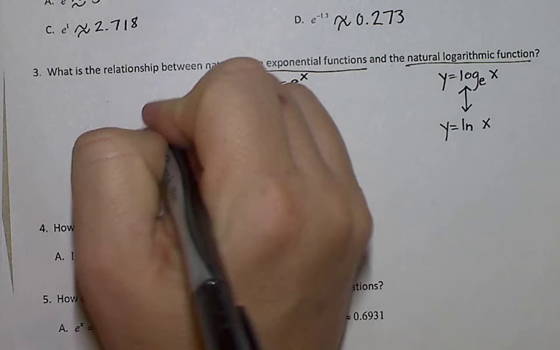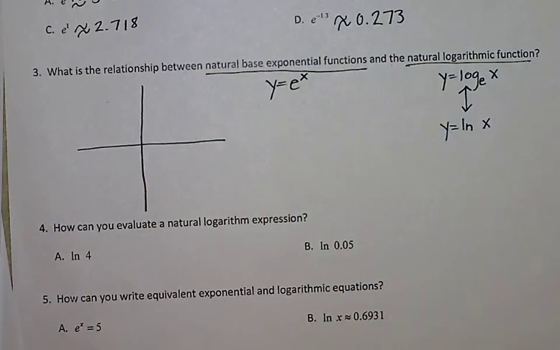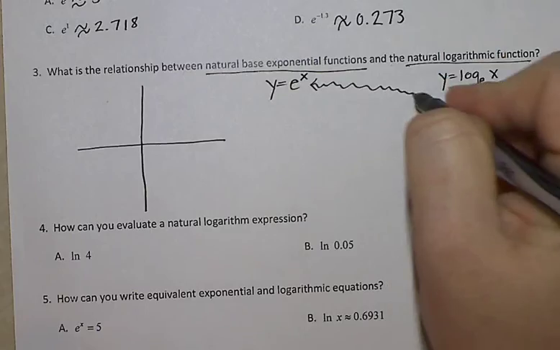Make yourself a graph. And what we're going to see is, if I asked you for inverse operations, the opposite or the inverse operation of adding is subtracting, and the inverse operation of multiplying is, okay? What you're going to learn is that the inverse operation of e to the x is either one of these.